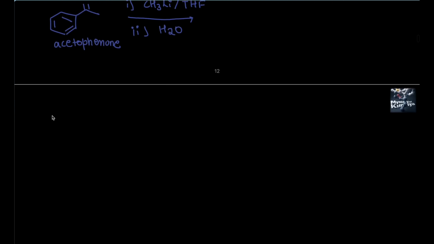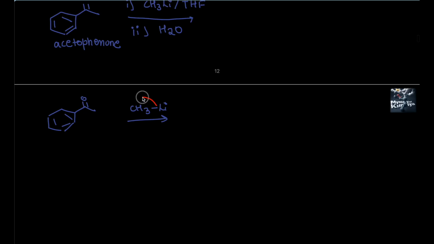Initially, to this ketone, the methyl lithium's sigma bond breaks, and this methyl takes the electrons and attacks the LUMO, which is the pi star of the carbonyl group, leading to the breakage of the pi bond and the formation of an alkoxide.